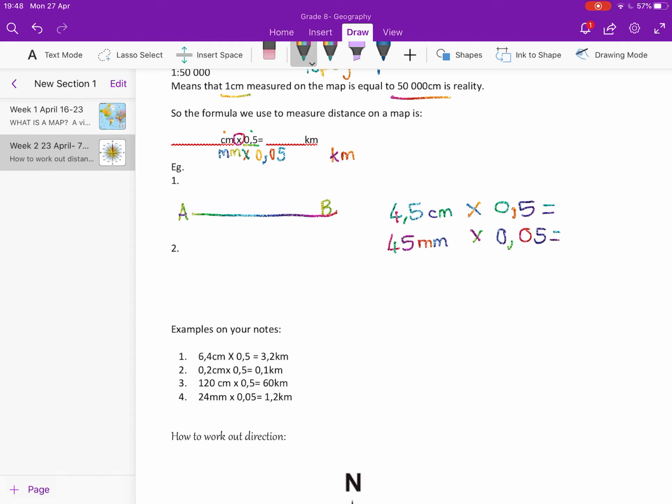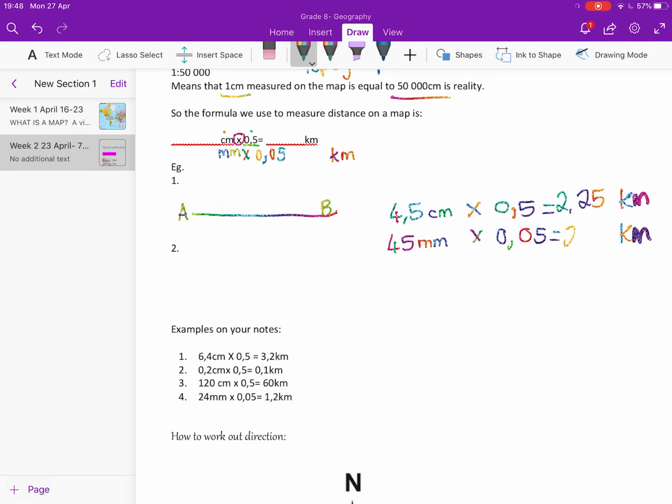Use your calculator and see if you can get the answer for these two calculations. In both cases, your answer would be given in kilometers. So our answer would be 2,25 kilometers.